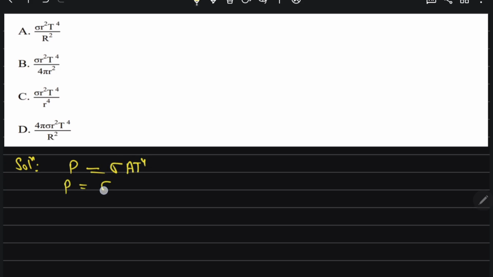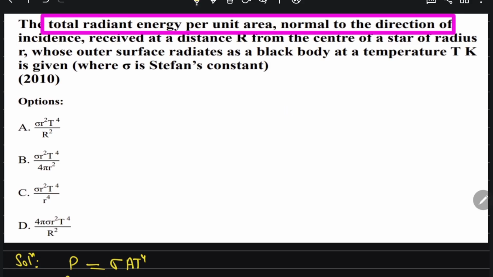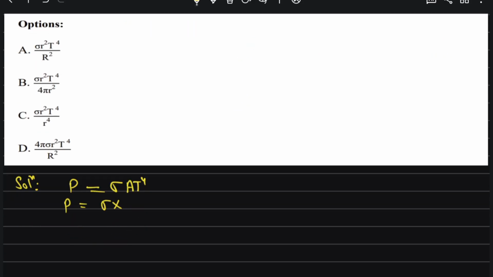For the star surface, the total radiant energy is for a sphere of radius R, so power is sigma 4 pi R square T to the power 4.